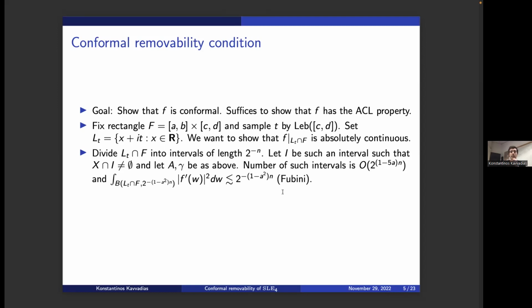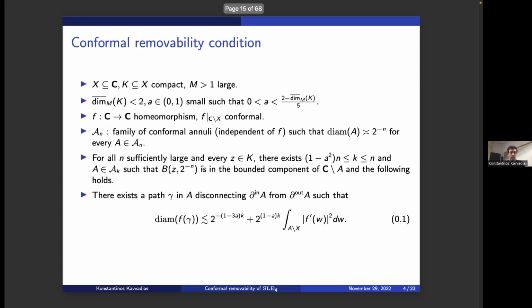So the point is, in order to prove that F has the ACL property, since it is conformal outside of the set X, the point is to bound the variation of F near the points of intersection of X with a line. And near those points, we introduce these annuli A and the paths gamma. So inequality 0.1 helps us to bound the variation of F near those points of intersection.